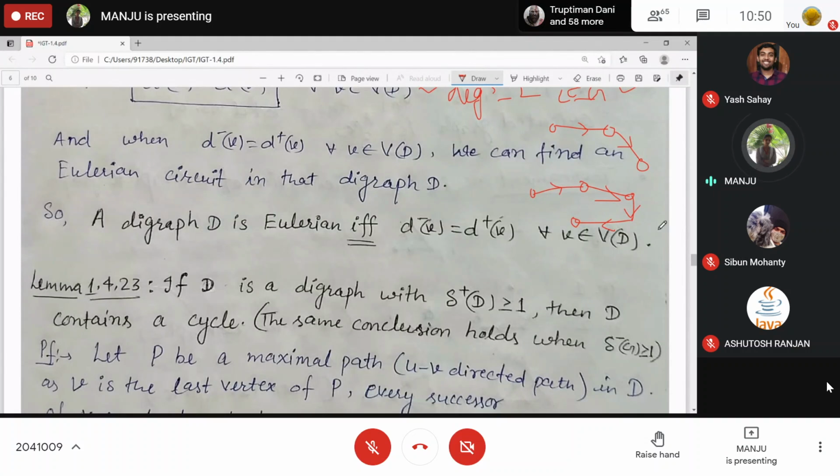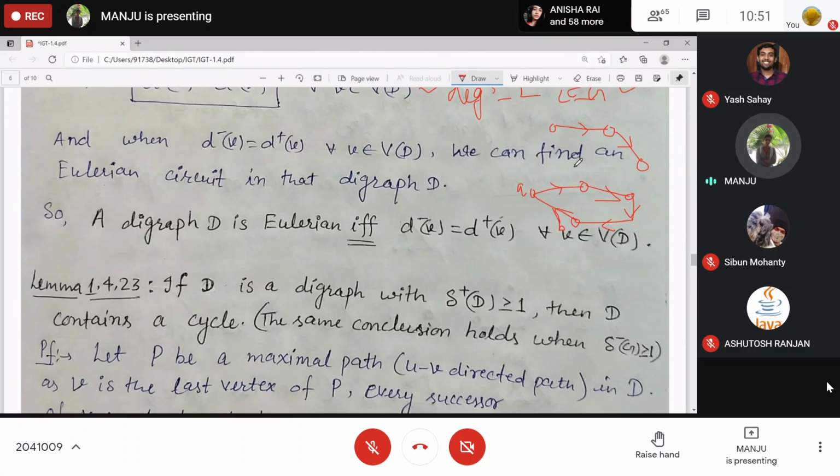Why is this not open? I just took it as A to B. Why is this not open? I made it closed now, like this. Why am I adding this edge? This is contributing. This already has delta plus, that is the minimum degree, at least 1, right?